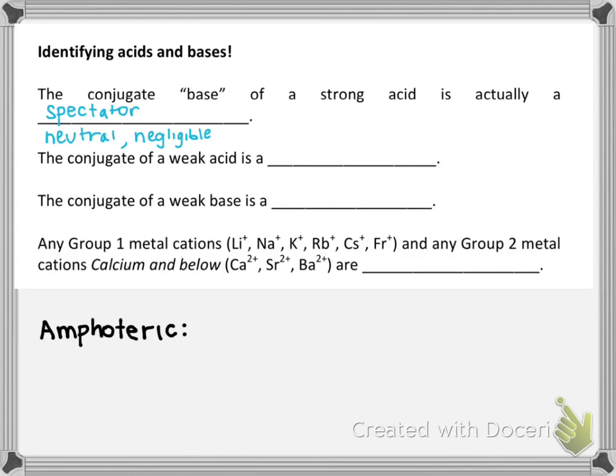Okay, but the conjugate of a weak acid is also going to be weak, but it's going to be a weak base. And the conjugate of a weak base then is going to be a weak acid.